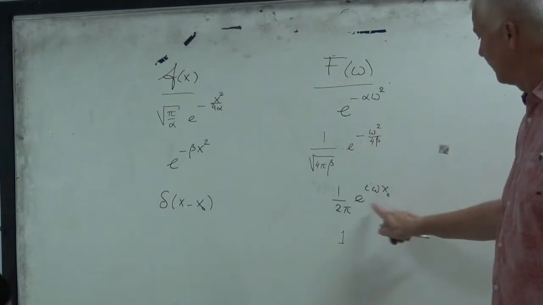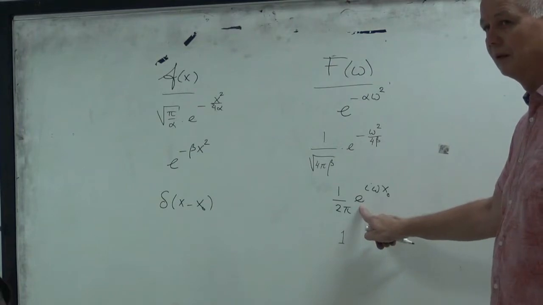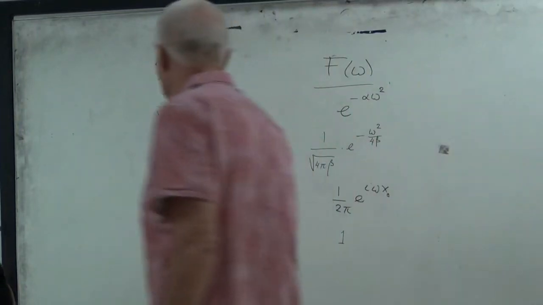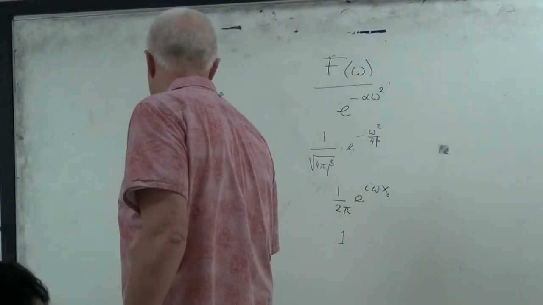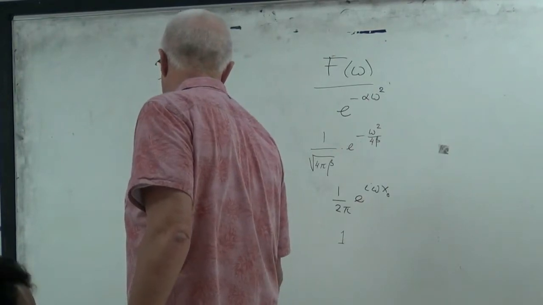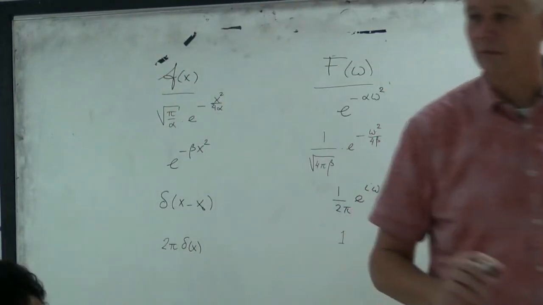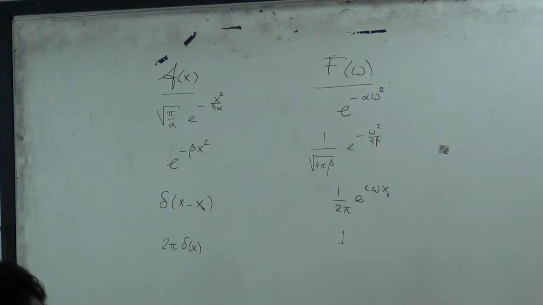Because if I take x0 is 0, then I get over here 1. So in the original space, 2 pi times delta x. Yeah? You see that? Okay. Then continue. What do we have? We have derivatives here. The next example is about derivatives.